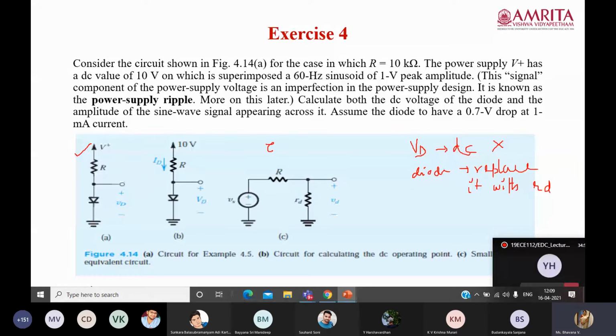So this is the equivalent circuit of the small signal model. So draw all the three figures. Yes, you have to draw all three.